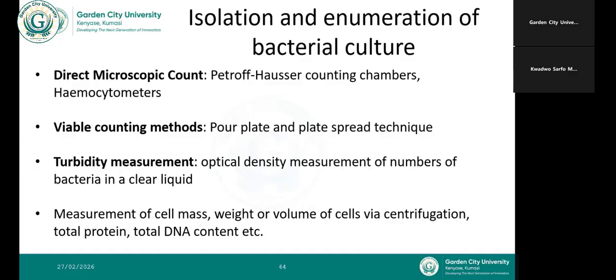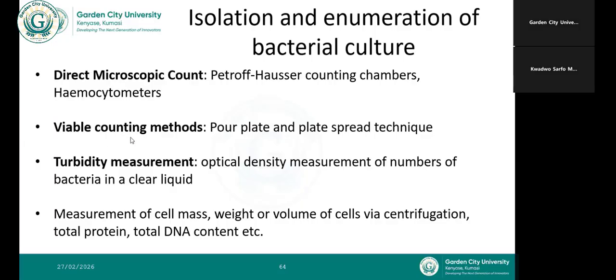So you count the colonies in each small box, then you have a factor which is the volume of that particular chamber. So they have different volumes that they pick. So the size of that chamber, the colonies that you count, then you're able to assess how many you have actually in your sample.